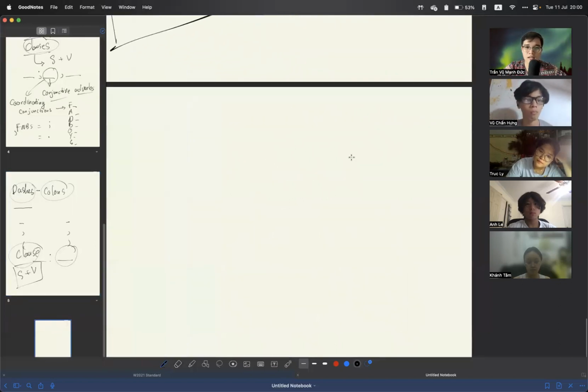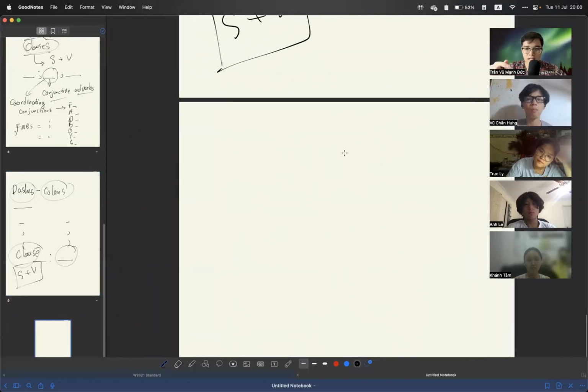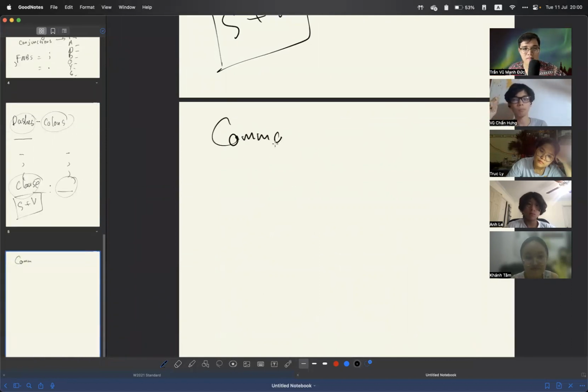What is a comma? Can you remember what is a comma? Give me a rough explanation. Like separate a modifier with a clause.